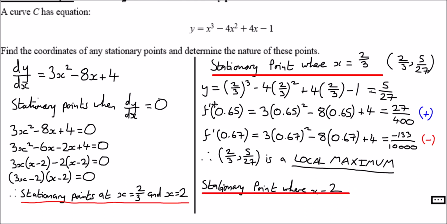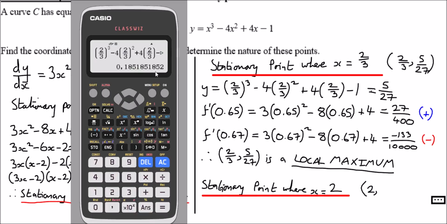So when x is 2, we need to work out the value of y. So let's do this now. So we'd get 2 cubed which is 8, minus 4 times 2 squared, so minus 4 times 4, plus 4 times 2, which is 8, minus 1, we get minus 1.